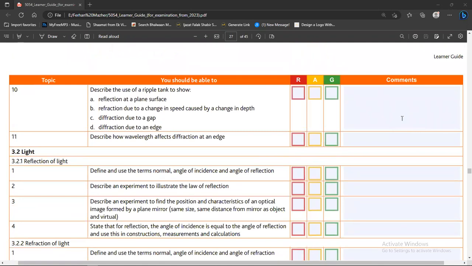Describe the use of a ripple tank to show reflection at a plane surface, refraction due to a change in speed caused by a change in depth, diffraction due to a gap, diffraction due to an edge. Describe how wavelength affects diffraction at an edge.